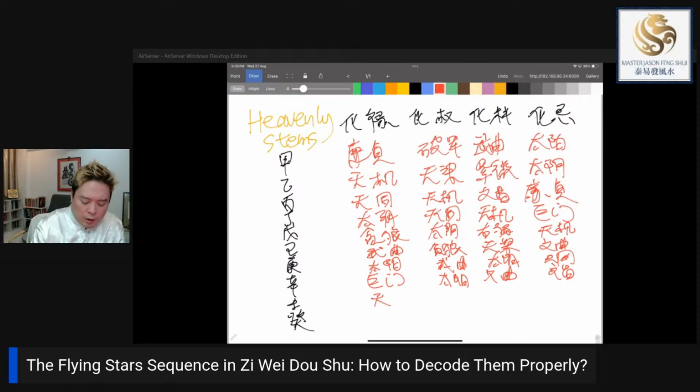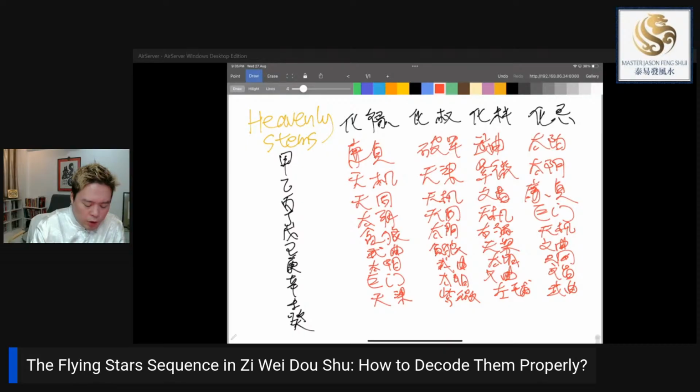For Ren heavenly stems, we have Tian Liang Hua Lu, Zi Wei Hua Quan, Zuo Fu Hua Ke, and Wu Qu Hua Ji.